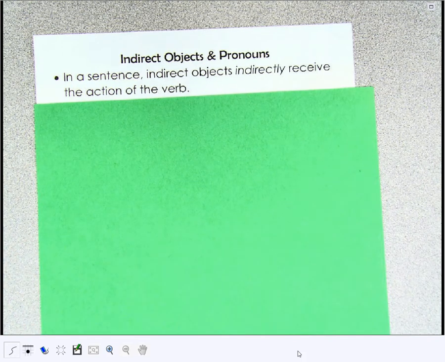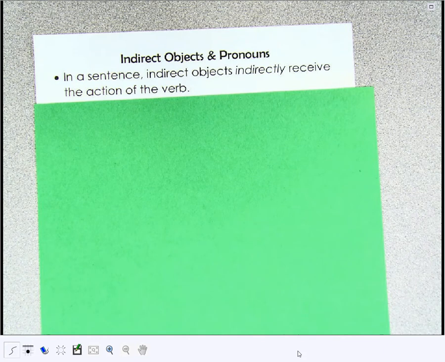So now indirect object pronouns or indirect objects might be pretty obvious: an indirect object indirectly receives the action of the verb. So in a sentence, indirect objects indirectly receive the action of the verb. So what does that mean? Well, I'll take that sentence I just used, I eat tacos, but I'll say, I am bringing tacos. Okay, so what am I bringing? I'm bringing tacos, but I'm bringing tacos for you.